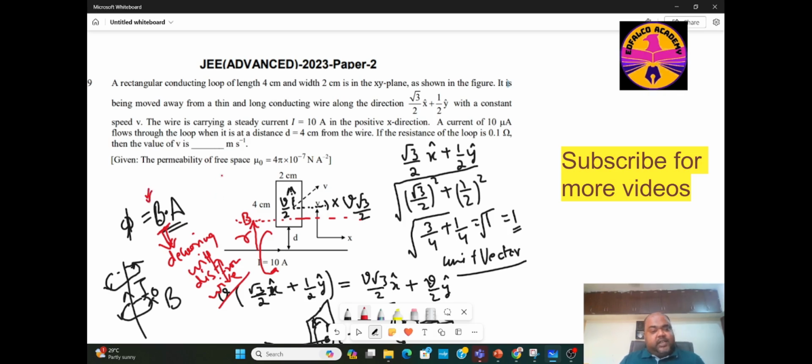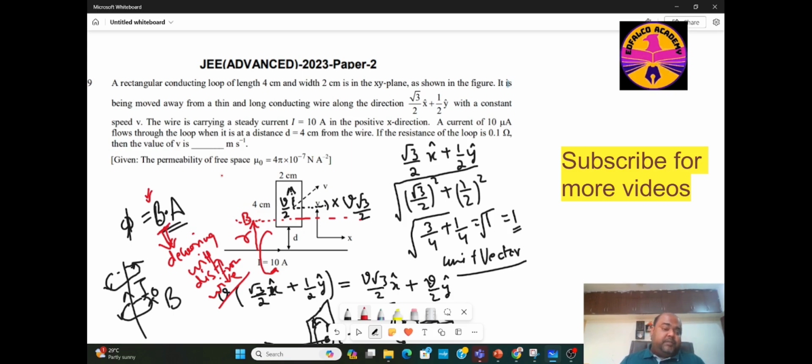Is area changing here? The area is not changing because you are just pulling that entire loop in some direction, right? So the area of the loop is not going to change, but B is changing. Even if you pull it further, throughout this area itself, the value of B is going to change.